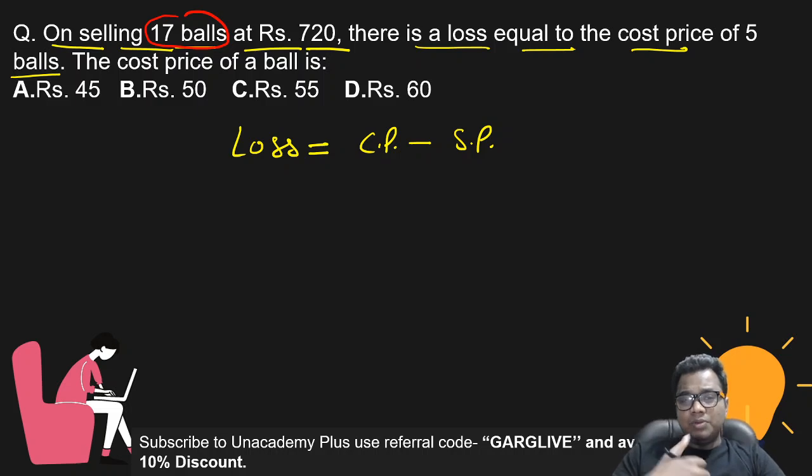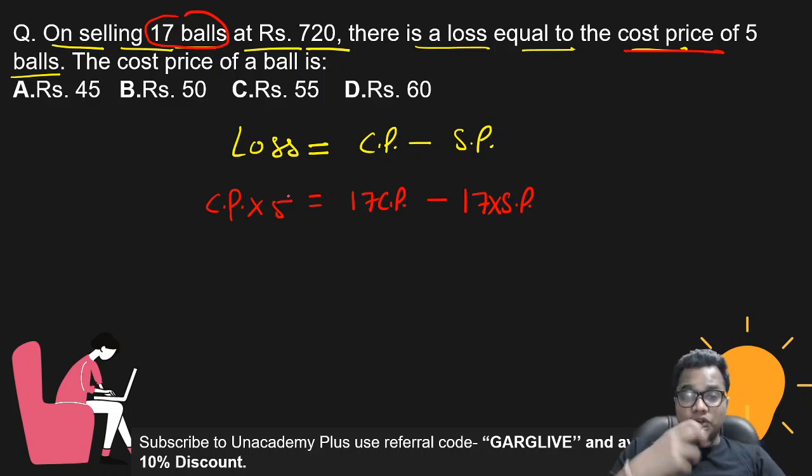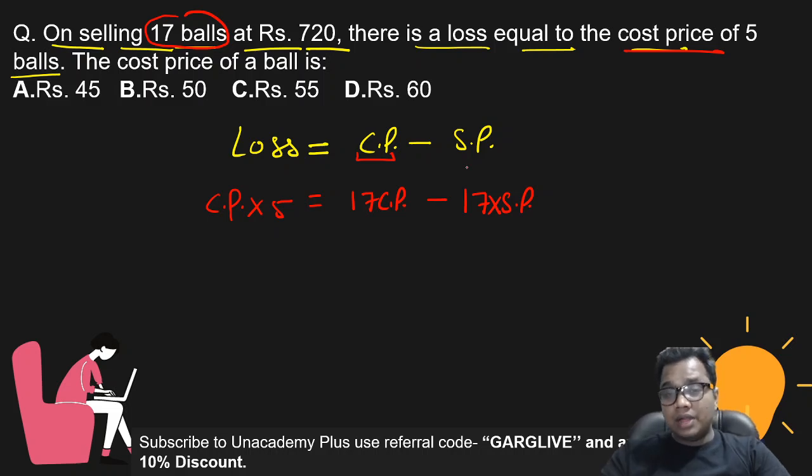The loss is when you subtract SP of 17 articles from CP of 17 articles, and the loss is equal to the CP of 5 articles. That's simple. If you want to find the loss on any number of articles, just subtract the SP of 17 articles from the CP of 17 articles, and you will get the loss.